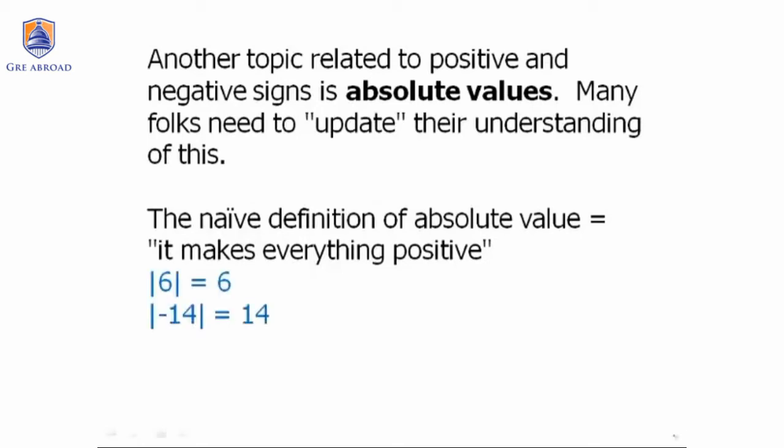Certainly, the absolute value of 6 is 6, the absolute value of negative 14 is 14, so in those two cases, yes, the number becomes positive. Well, notice the absolute value of 0 is 0. 0 is not a positive number, so this would be one example of a number which, when we take the absolute value of it, does not become positive. So that's problem number one with the "it makes everything positive" way of looking at absolute value.